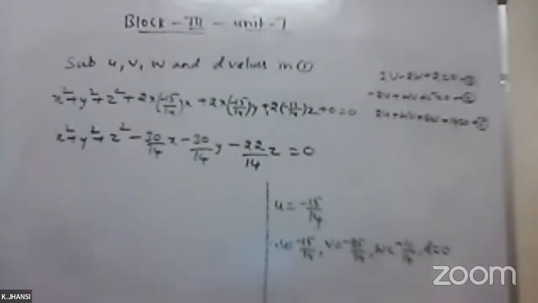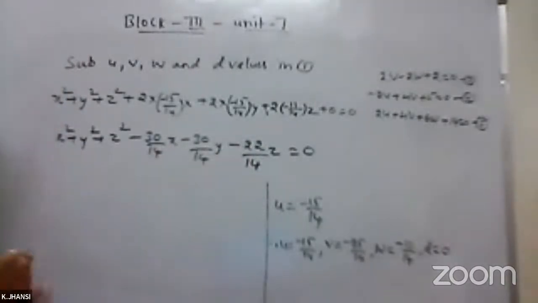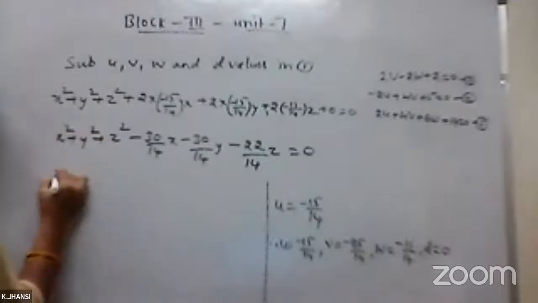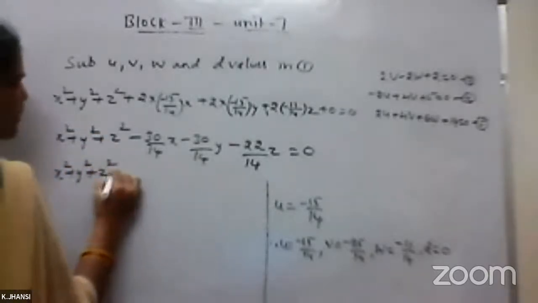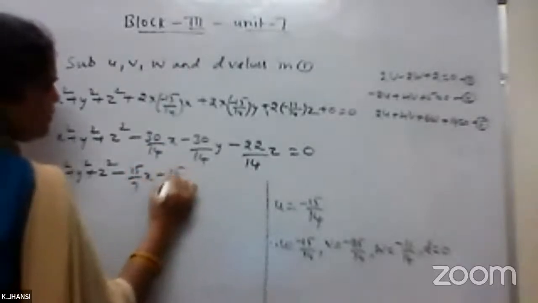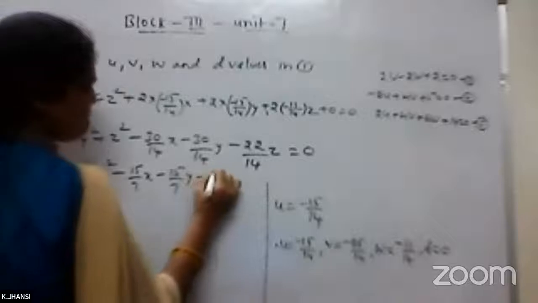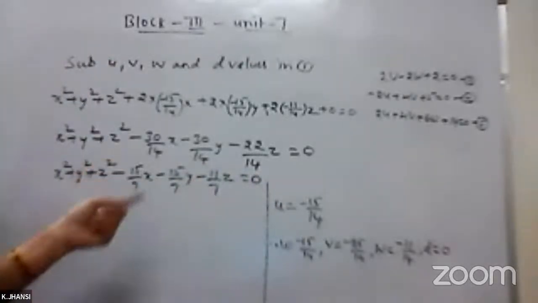So this is the equation of this sphere. If you want, you can cancel out and write it as x square plus y square plus z square minus 15 by 7 x minus 15 by 7 y minus 11 by 7 z equals 0. You divide by 2.